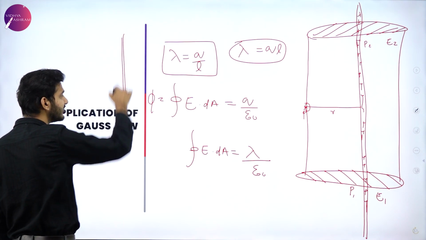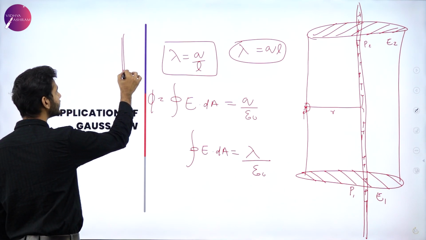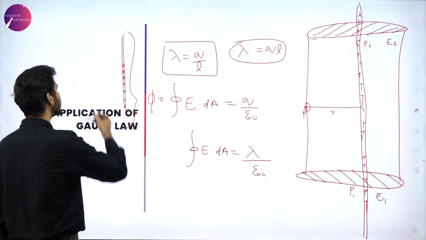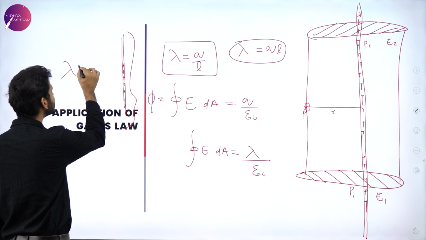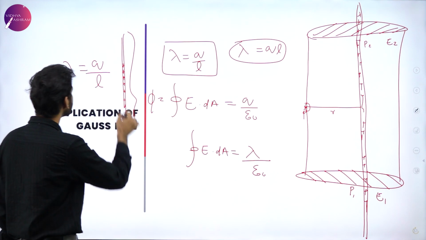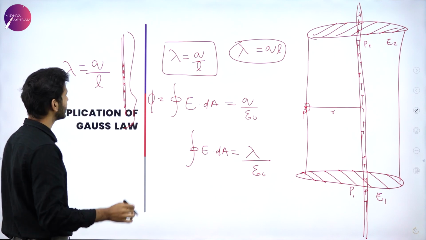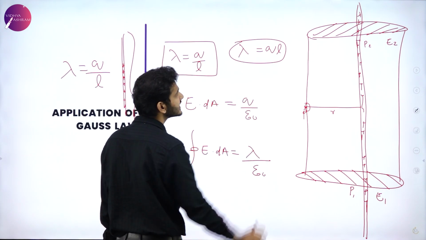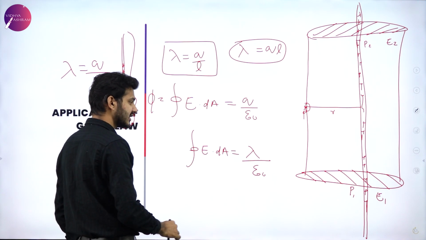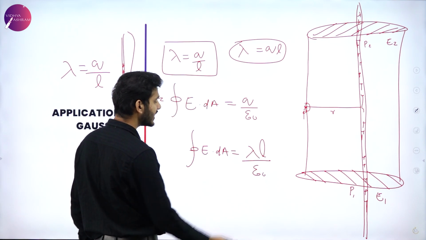If you have an infinitely long wire which is evenly distributed with charges, then the length is the one being considered. So charge density lambda is the total amount of charge divided by the total length. We can write that as lambda equal to Q by L, and the closed surface integral of E dot dA will be equal to lambda times L by epsilon naught.